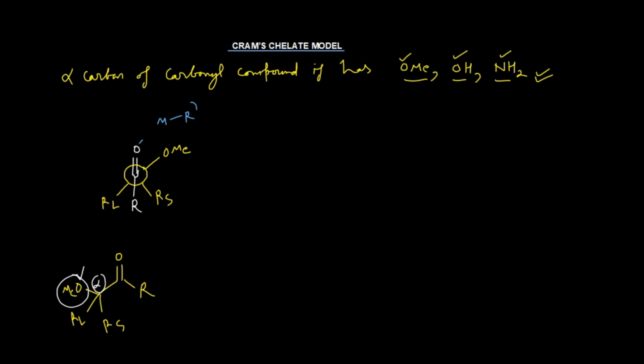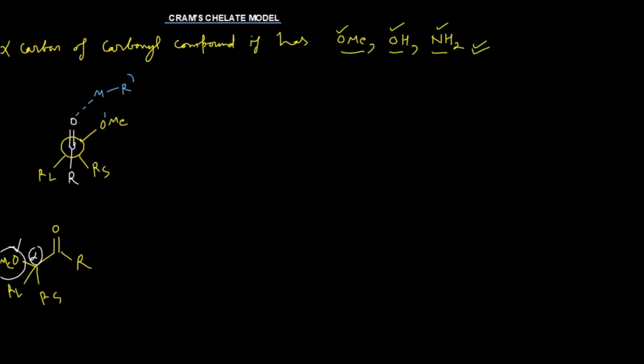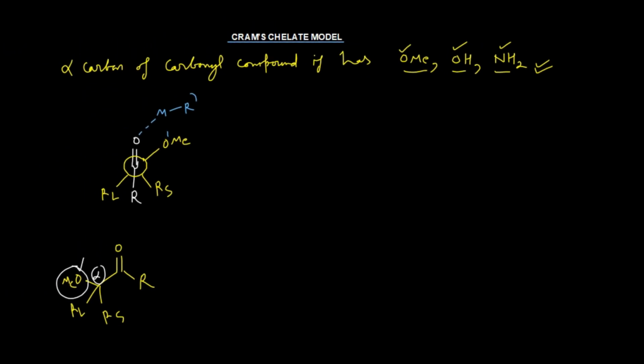This oxygen can coordinate with the metal, and this can also coordinate with the metal. So you can see here a ring is forming. Sorry, let me reshift it. No, just like that. Now, one ring is forming here.